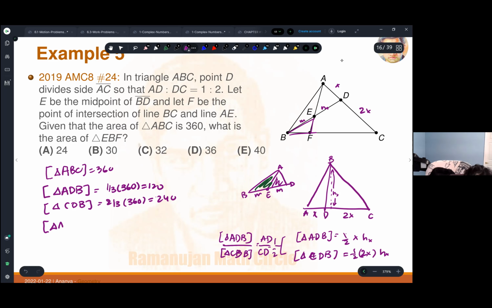So triangle ABE has an area of half of 120, which is 60, and triangle ADE has an area of half times 120, which is 60 as well. So right now, I'm gonna erase those. What we have is this is 60, this is 60.